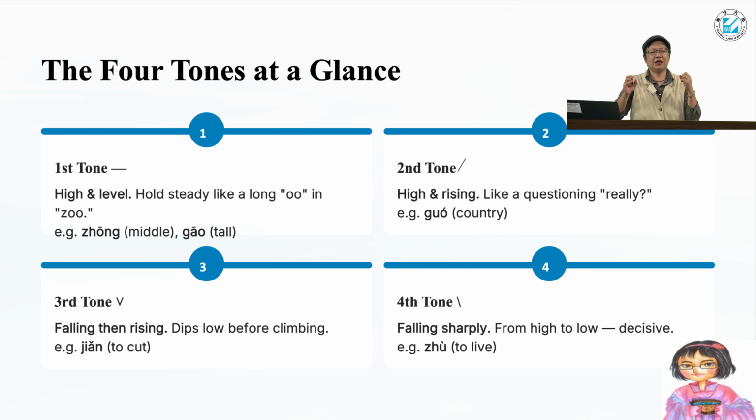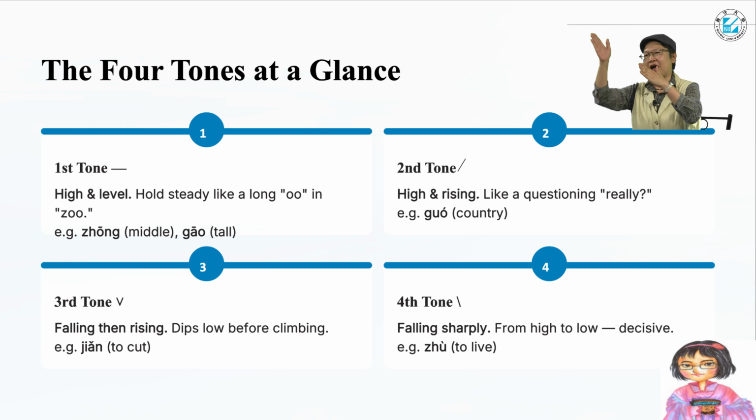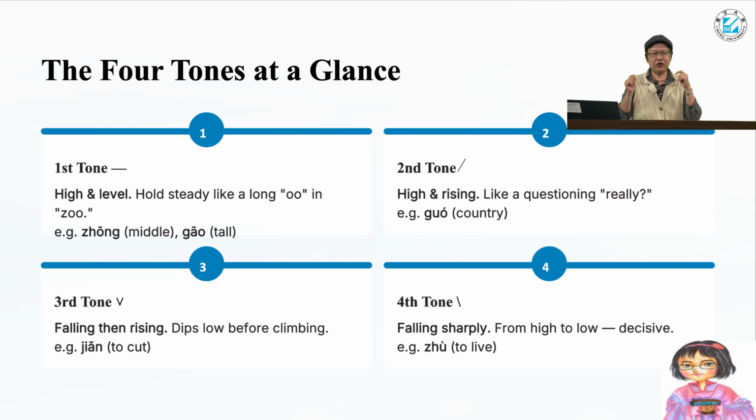So ba, if you're going to pronounce it in the second tone, that is ba, ba, ba. Can you feel it? If you cannot remember the differences, you can try to use eyebrow to going up, and then try to help you to remember the sound.